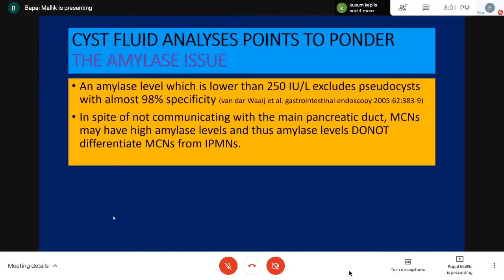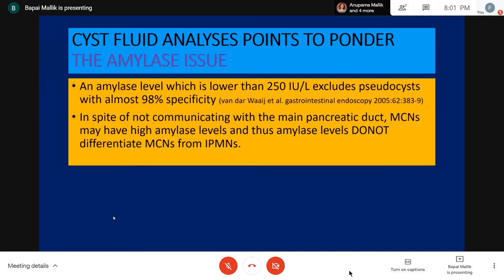So what about the amylase issue? An amylase level lower than 250 international units per liter excludes pseudocysts with almost 98% certainty. So pseudocysts must have high amylase levels, in spite of not communicating with the main pancreatic duct, this is a very key point. Amongst the mucinous cystic neoplasms and IPMNs, the ones which connect to the main pancreatic duct, that's where the amylase comes from.